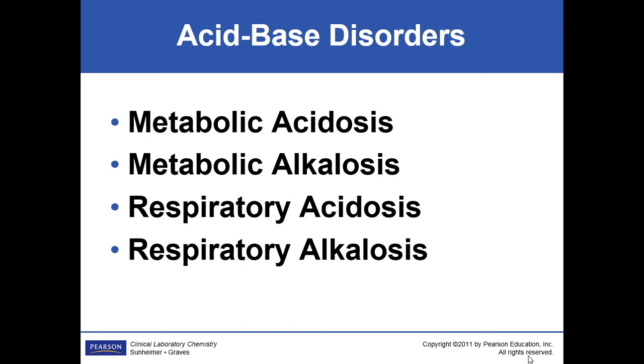And respiratory, which component is it? The CO2. And we know that acidosis means, for the human body, below 7.40. And alkalosis then would be above 7.40. So you're going to have to know some more reference intervals here to be able to determine what type of acid-base disorder we have. Okay, and we're going to work through this.